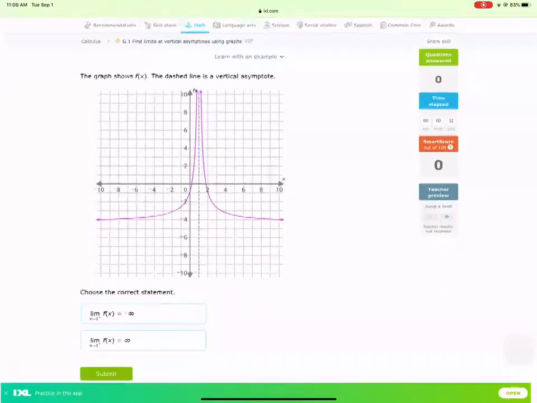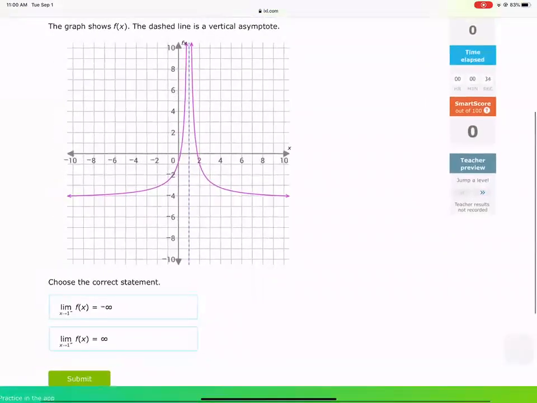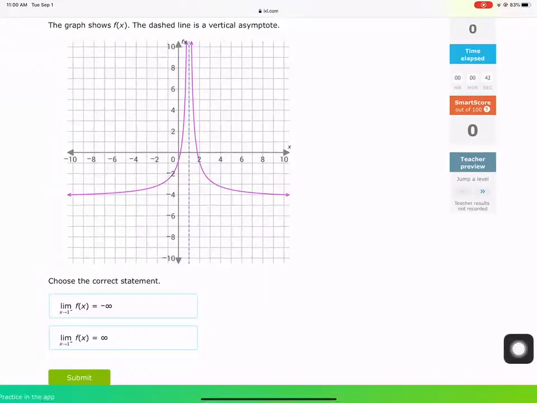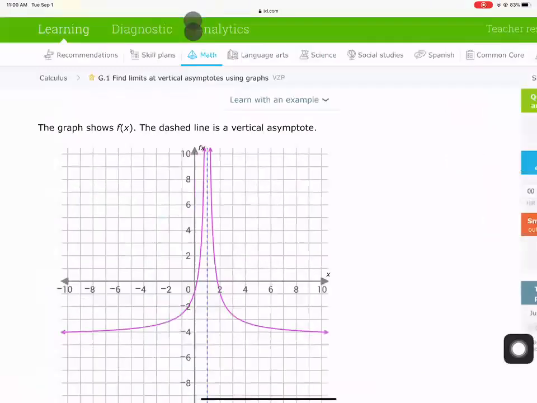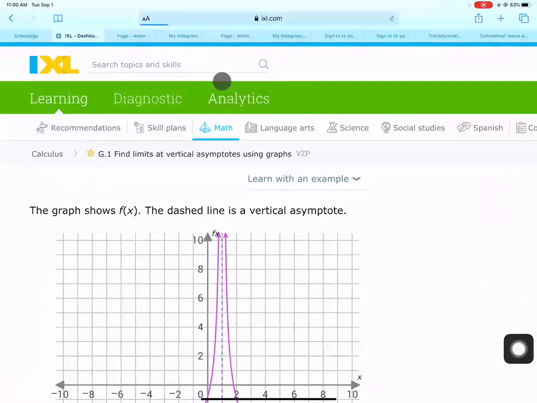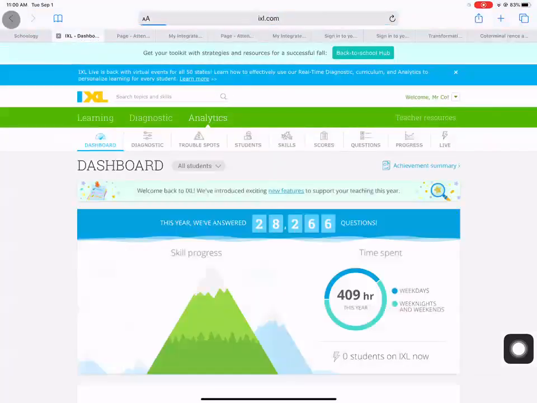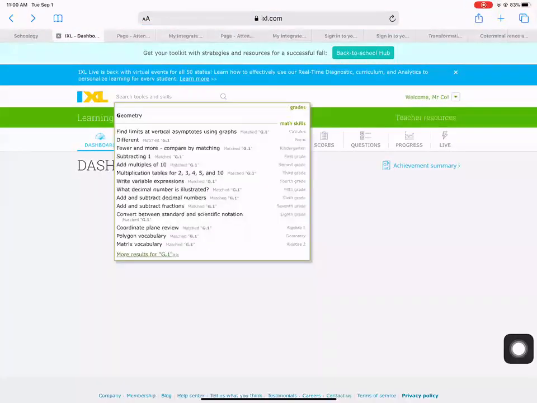Which limit as x approaches 1 from the left side is correct? Here is 1. As we approach from the left side, as x is getting closer to 1, it shoots off to positive infinity. Ooh, positive infinity. So positive that it changed my website. That was pretty positive.